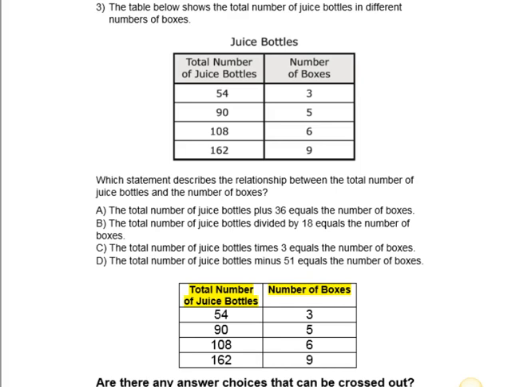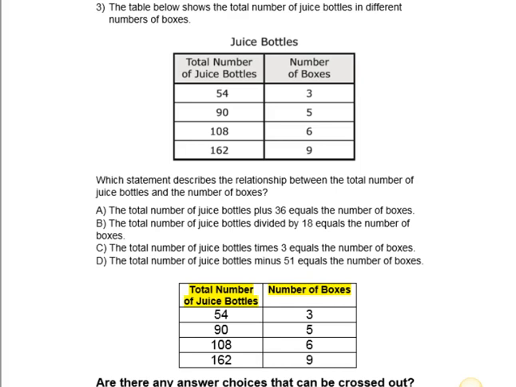So for C, does 54 times 3 equal 3? Because that's what we're saying. The total number of juice bottles times 3 equals the number of boxes. And then D, the total number of juice bottles minus 51 equals the number of boxes.